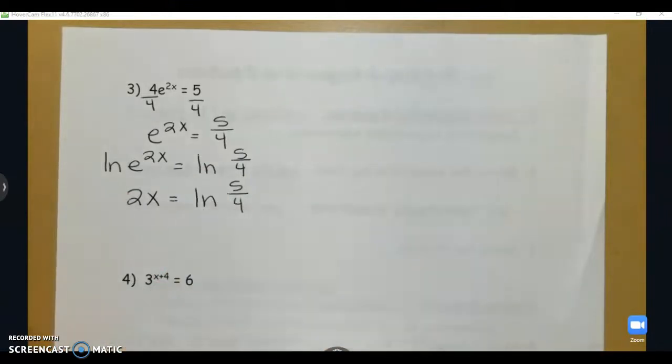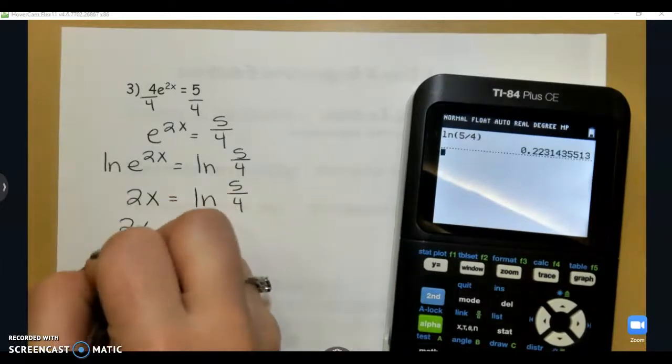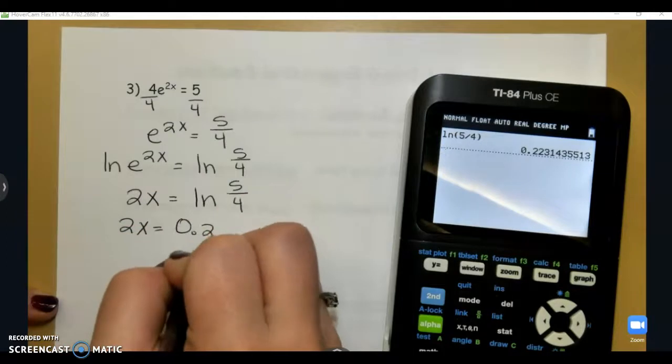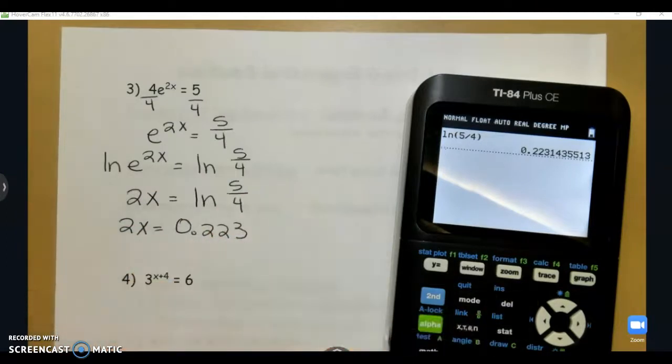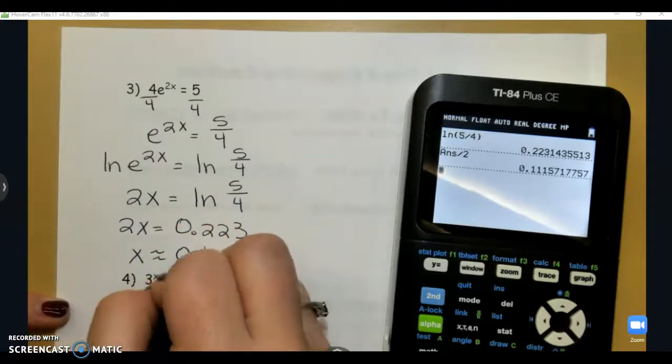So I can find what natural log of 5 over 4 is in my calculator. And so we find that 2x is about 0.223. And if I divide that by 2, we find that x is approximately 0.112.